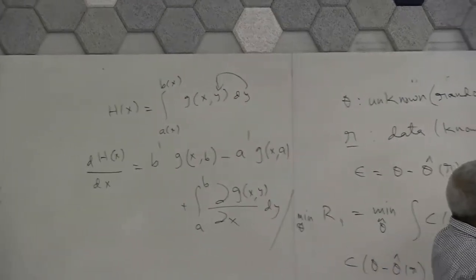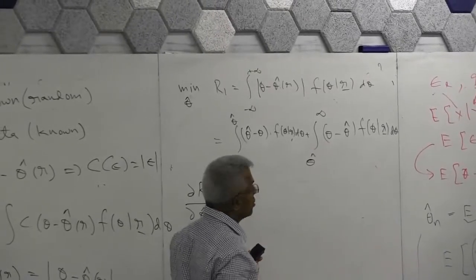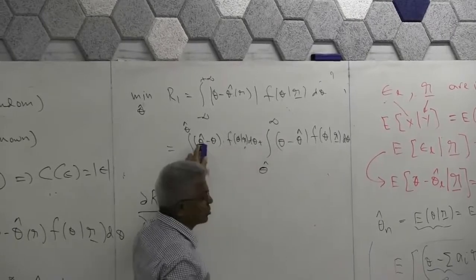So the derivative of the top limit with respect to theta hat, what do you get? 1. And then when you substitute, remember the variable is theta, what do you get?